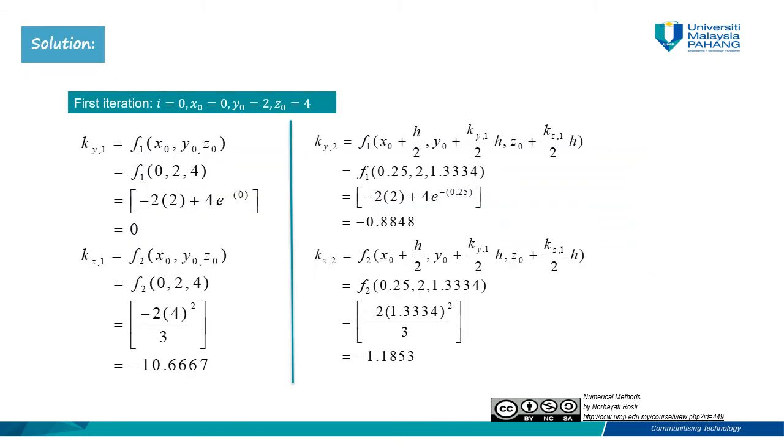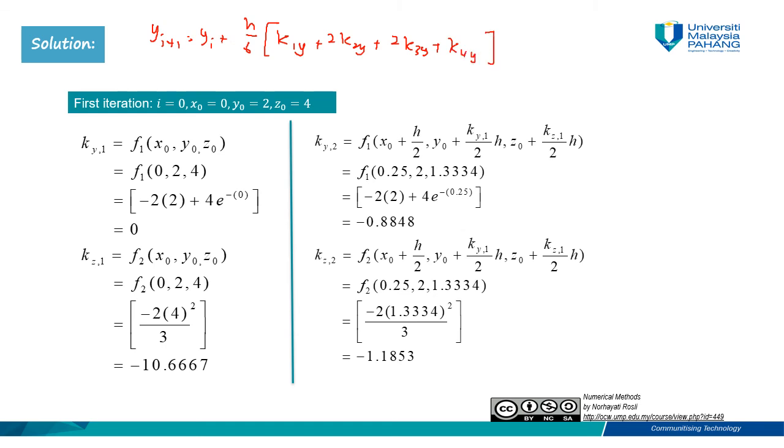For the first iteration, i is equal to 0. So our x0 equal to 0, y0 equal to 2, z0 equal to 4. This is the formula for y: y_{i+1} = y_i + h/6 multiplied with (k1y + 2k2y + 2k3y + k4y).